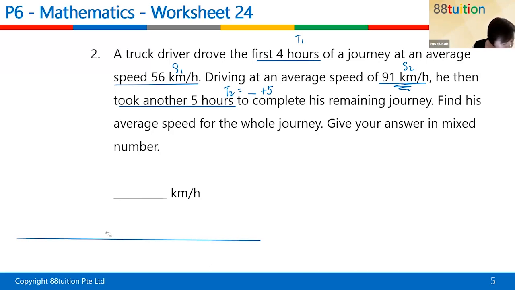So I must find the distance first for that particular journey. For this journey, he took 4 hours, so D we don't know, S is equal to 56, and the time taken is 4 hours.